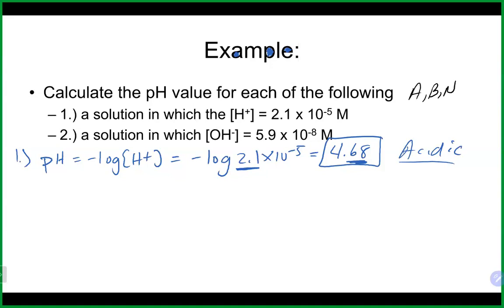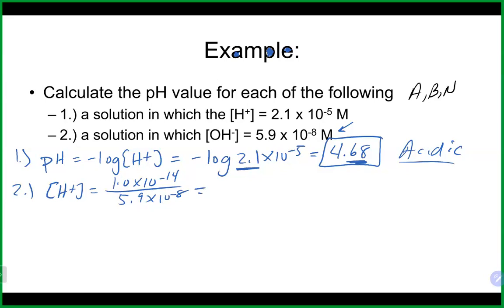All right. Number 2 here. We cannot go directly into our pH equation here, as that is the OH minus concentration. So we can use our Kw, like we did before, to actually calculate the H plus concentration. That's 1 times 10 to the minus 14 divided by 5.9 times 10 to the minus 8.